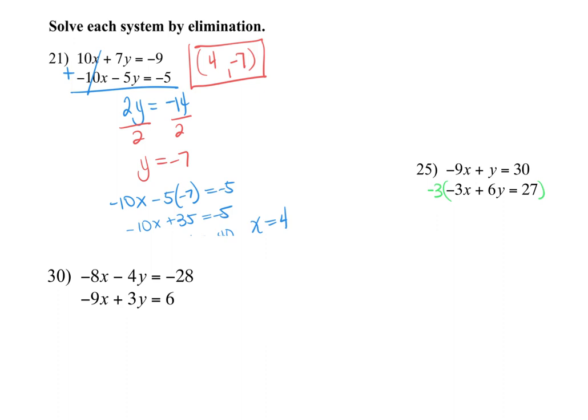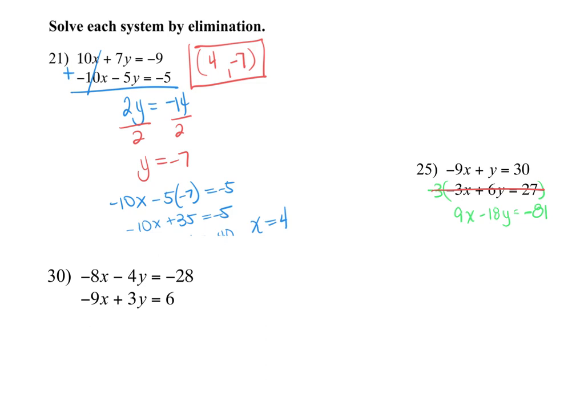And I will get a positive 9x, a negative 18y, 60 and 21. Now I have two that I can add up. I will say either rewrite it or kind of draw a line through this so it doesn't confuse you, right?